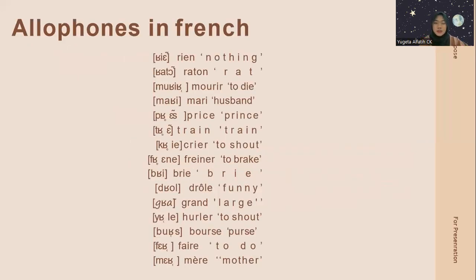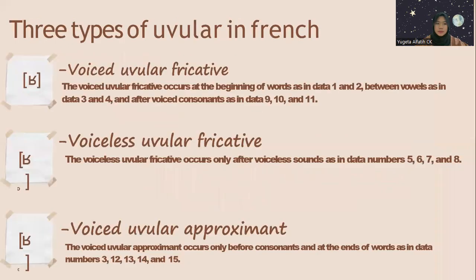This is an example of allophones in French. There are three types of uvulars in French. Voiced uvular fricative: the voiced uvular fricative occurs at the beginning of words, as in data numbers 1 and 2, between vowels, as in data 3 and 4, and after voiced consonants, as in data 9, 10, and 11.